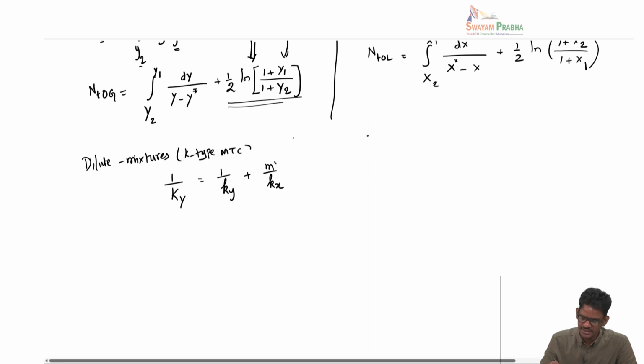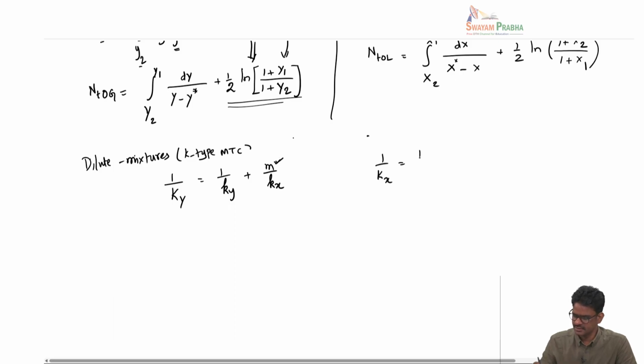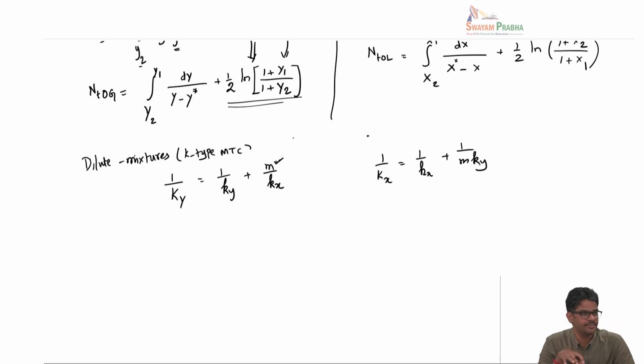So this m is the slope of the equilibrium line. We can do this if the equilibrium line is a straight line. Okay. Similarly, 1 by Kx is written as something like this, right? Now this is okay for k type mass transfer coefficients.